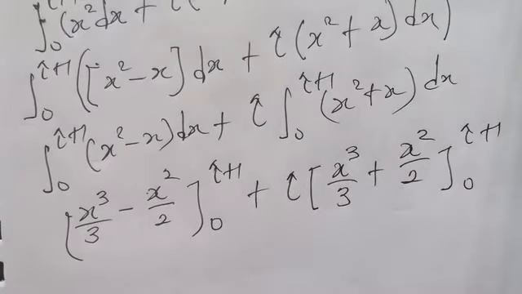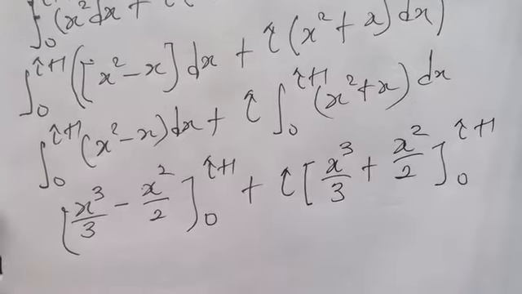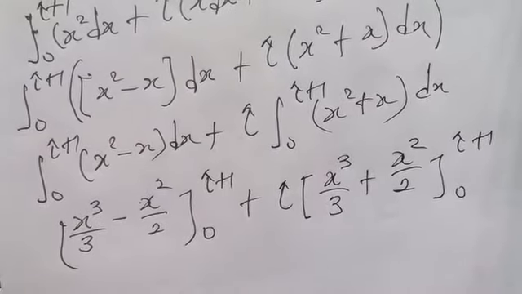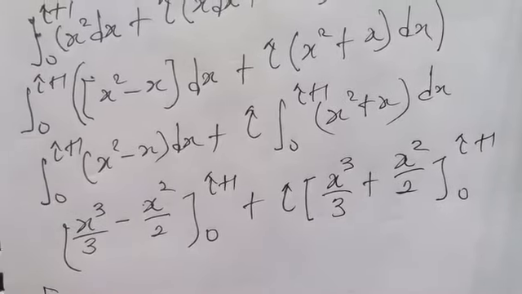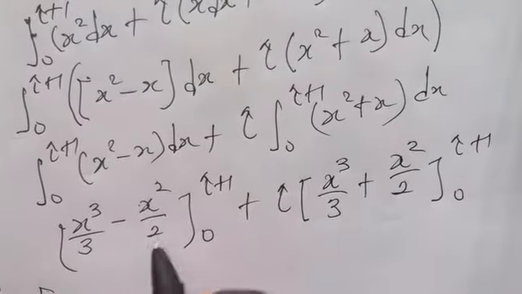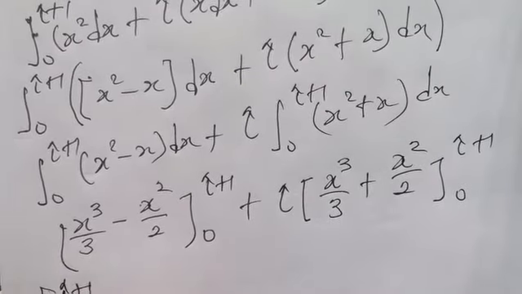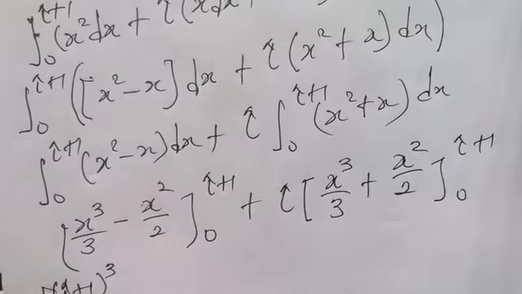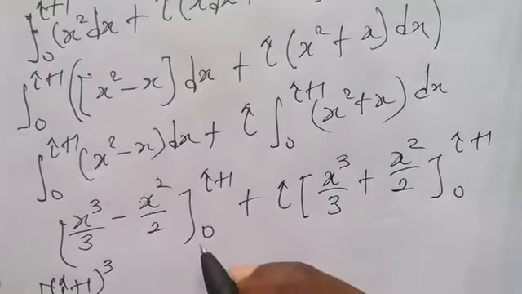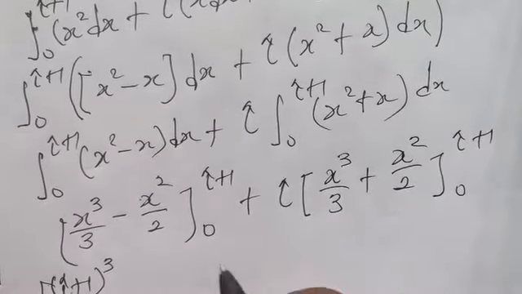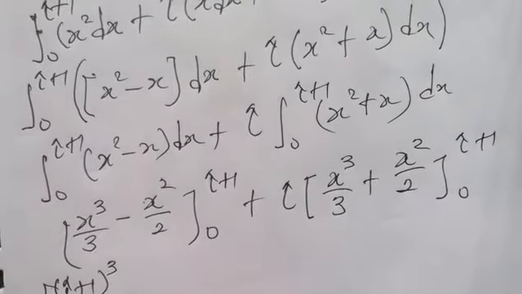So next thing now is to plug in the limit of the integration. If we plug in the limit, we are going to have upper limit minus lower limit wherever you see x. So for the first case, in place of x cubed, upper limit is i plus 1, so we have i plus 1 to the power of 3, minus lower limit, 0 to the power of 3, which remains 0. So we can neglect that, all over 3.